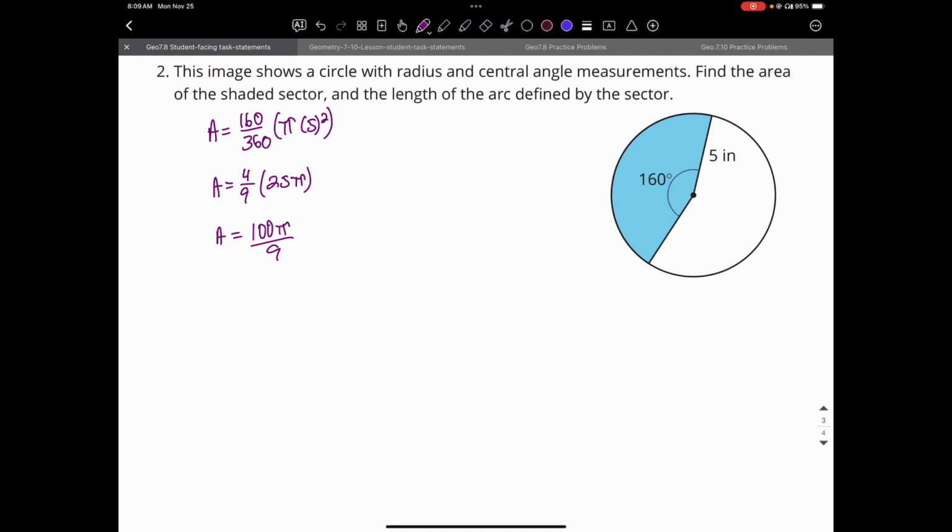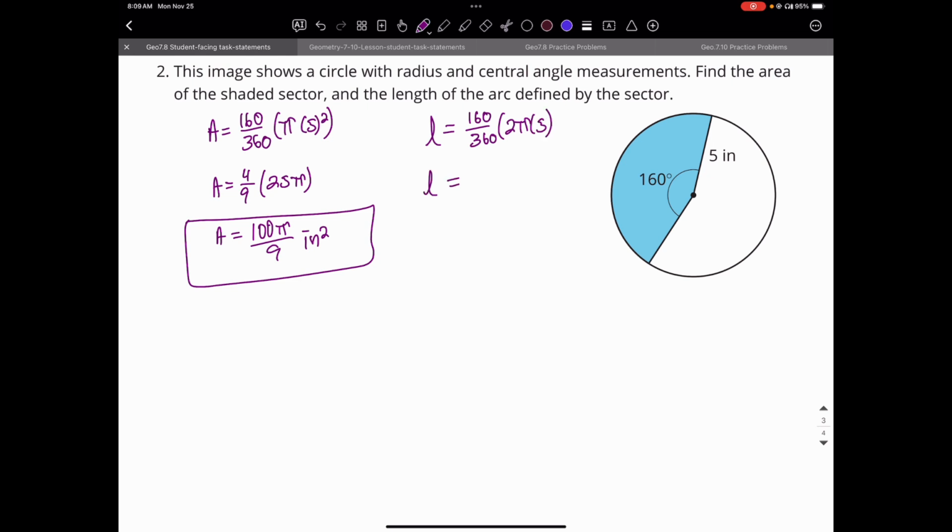And let's see, it doesn't give us what the unit is. So I'm just going to say units squared. So the area of that sector, oh, it does say inches. I apologize. It's in the actual image. So that would be inches squared. So then the length of the arc that defines the sector would be 160 over 360 times 2 pi times our radius of 5, right?